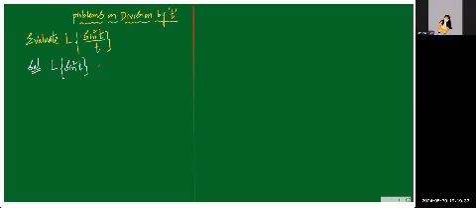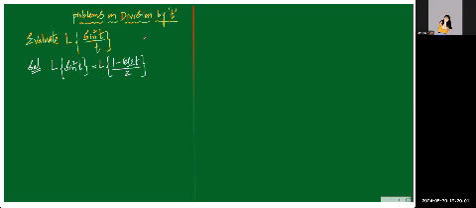Yes sir. What's the answer? It is a by s square plus a square. For a square term we don't have the formula. We have to use sin square theta is 1 minus cos 2 theta by 2. For square terms, sin theta and sinh theta, we don't have formulas.